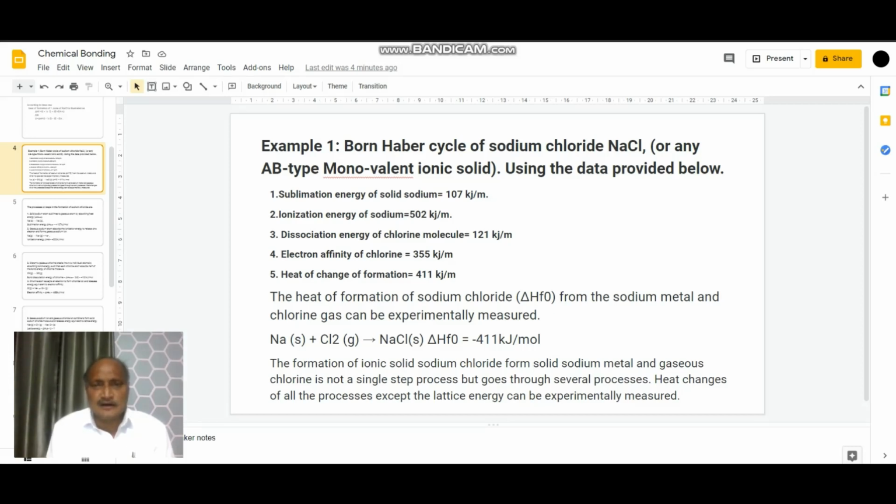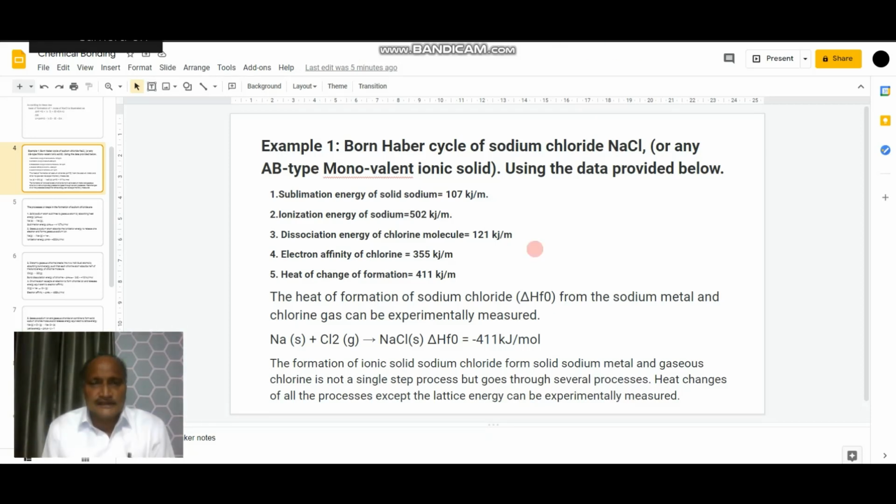Dissociation energy of chlorine molecule into chlorine atoms is equal to 121 kilojoules per mole, whereas electron affinity of chlorine is equal to 335 kilojoules per mole. And the fifth one is the heat of formation of the ionic compound, equal to 411 kilojoules per mole.